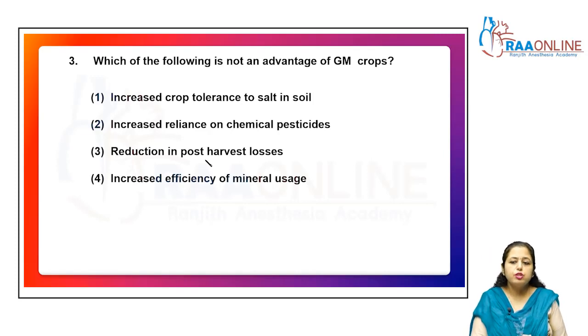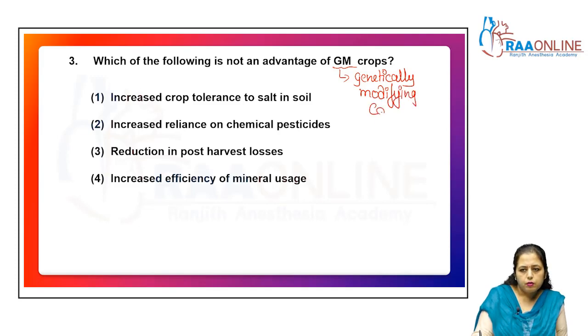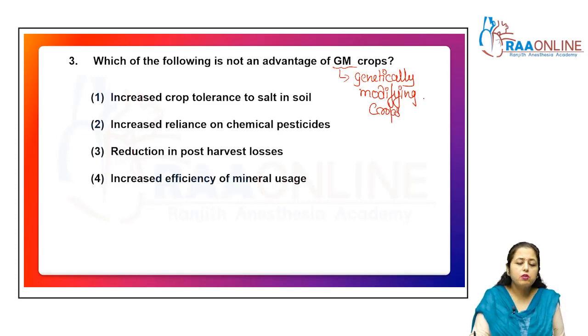Which one of the following is not an advantage of the GM crop? What is a GM crop? Genetically modified crops are called GM crops. The question is asking about what is not an advantage.